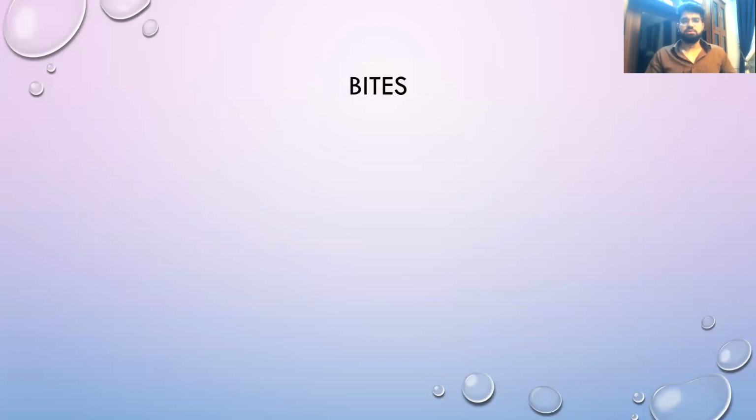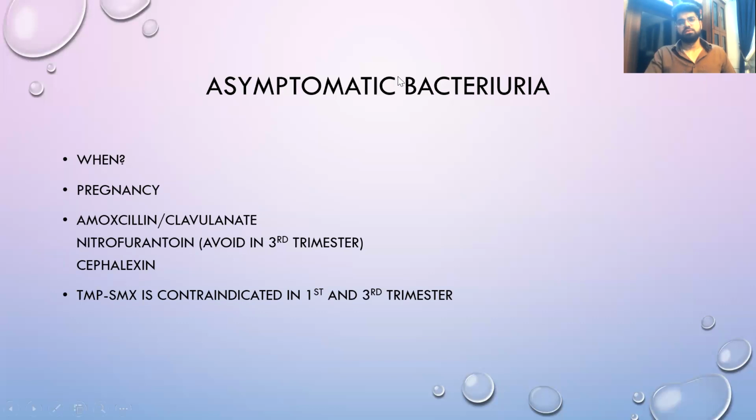That covers all the urinary tract infections and asymptomatic bacteriuria. One thing that I forgot to touch upon in pregnancy and pyelonephritis is that whenever you have got pregnancy and you have got either pyelonephritis or asymptomatic bacteriuria being treated, after the infection is treated, in the remainder of the pregnancy, we go for oral prophylactic drugs.